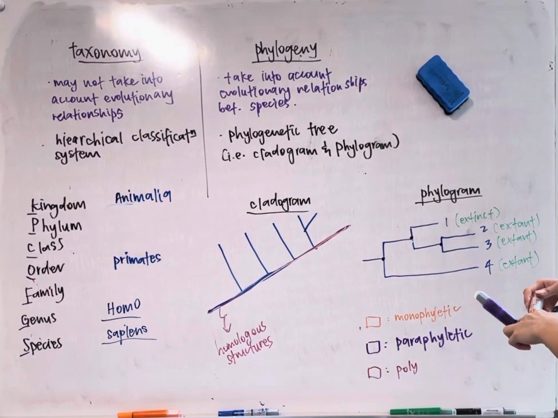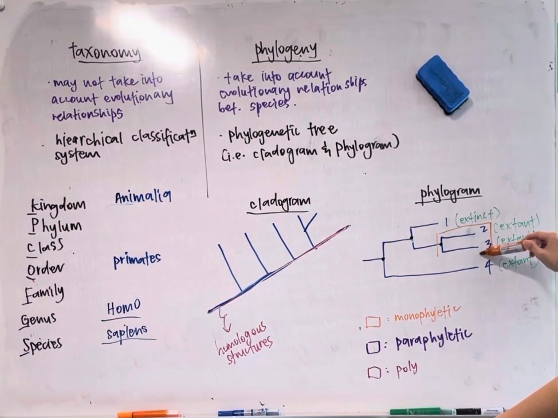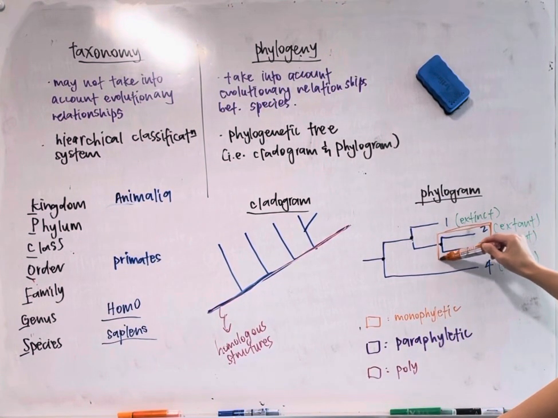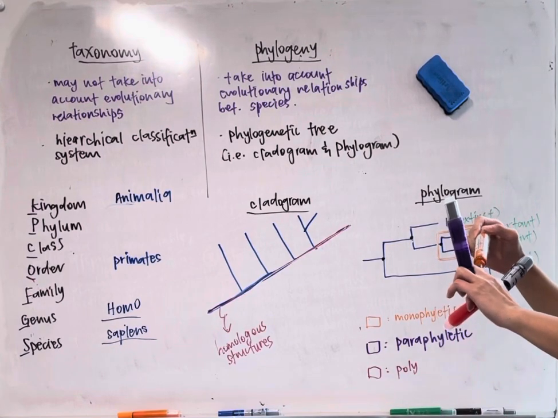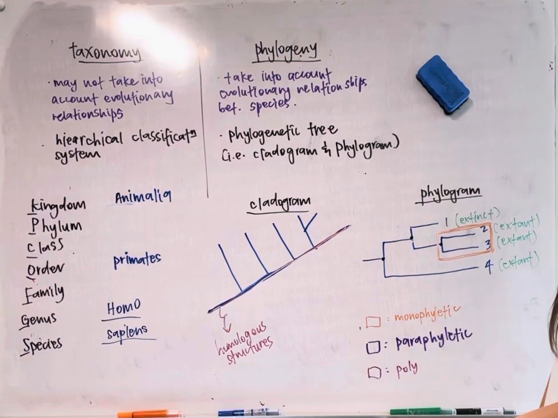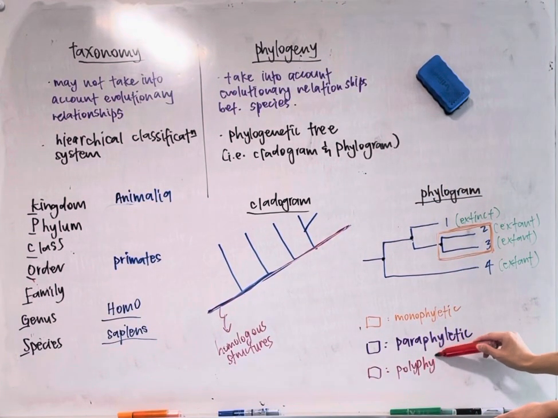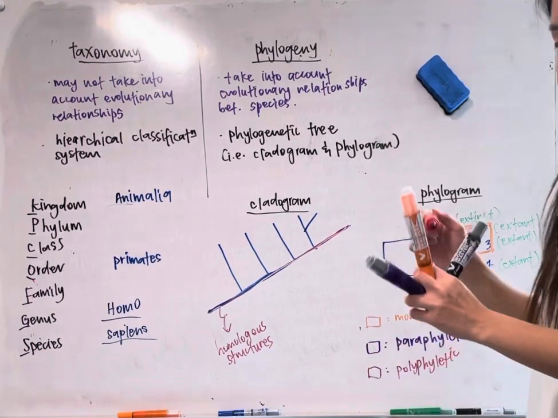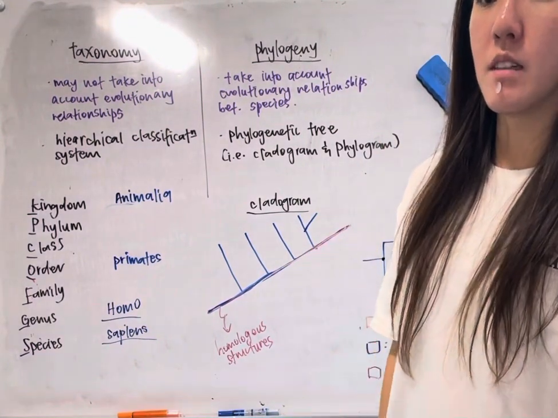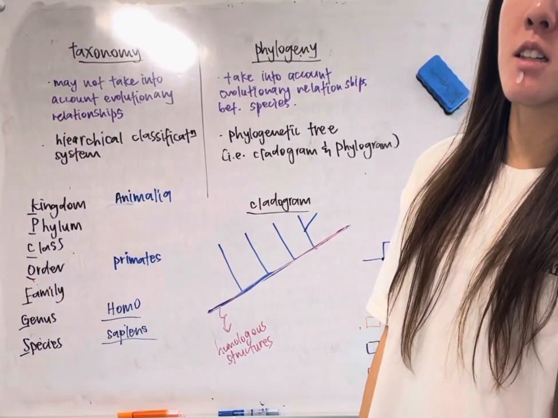So if I want to draw monophyletic, I can draw these. These are all containing all the descendants of a particular ancestor. Okay? Paraphyletic means what, Xian Fei? Not all of them, so some but not all.